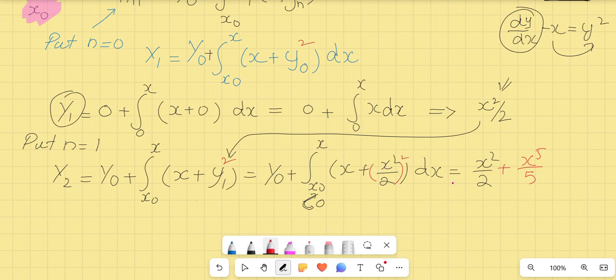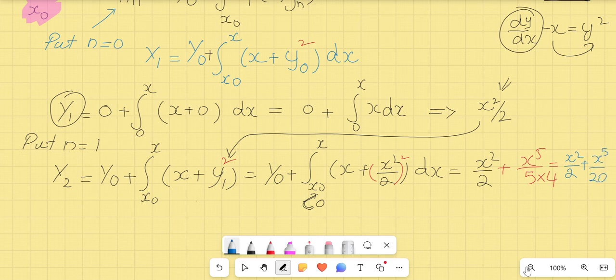All right. And yes, we have to multiply it by 4 as well. So our final answer will be x squared by 2 plus x to the 5 by 20.